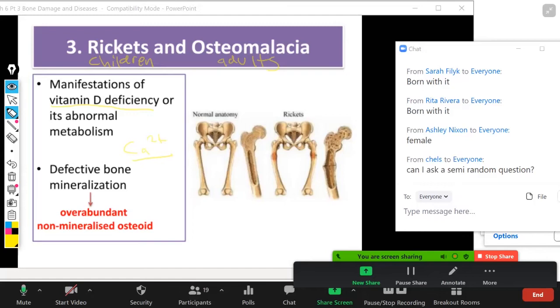So when you have a problem with mineralization, as the bones grow, you'll lay down a lot of matrix, a lot of that osteoid, as it's called, but the tissue doesn't harden very well. So you can get these kind of deformed bones. One of the nice things about rickets is that if you catch it in children, it can generally be reversed.